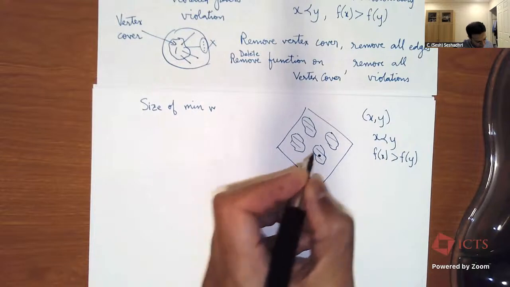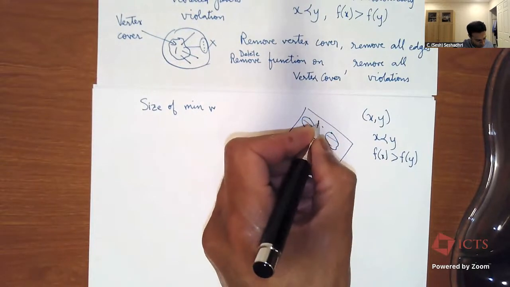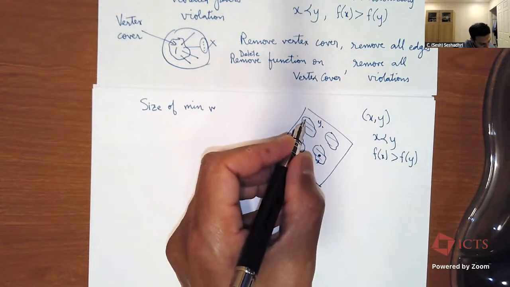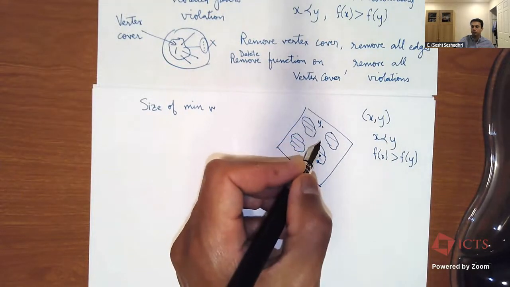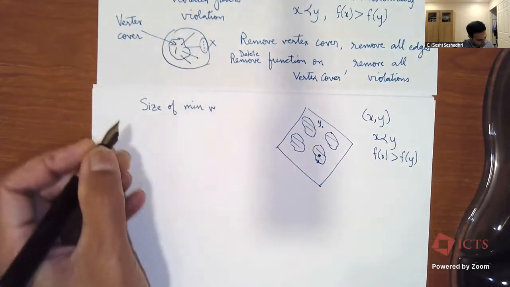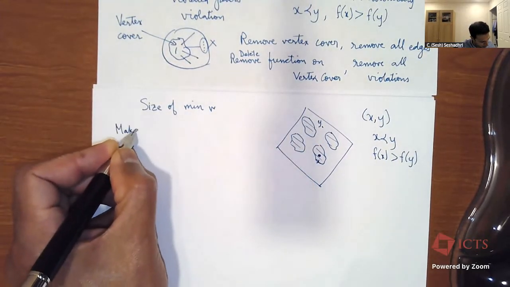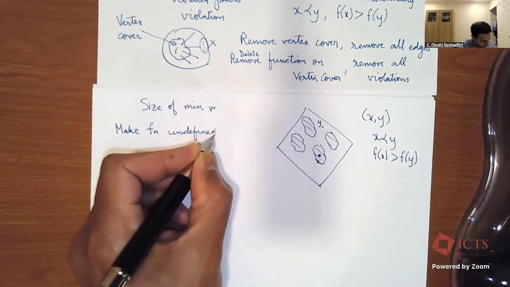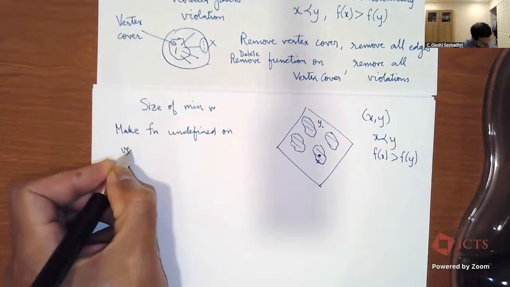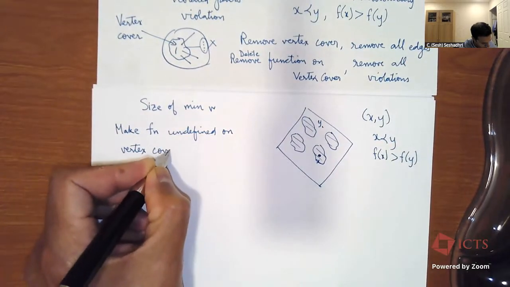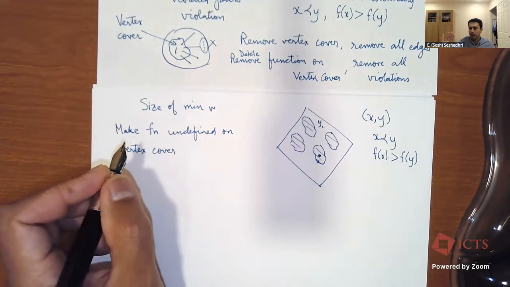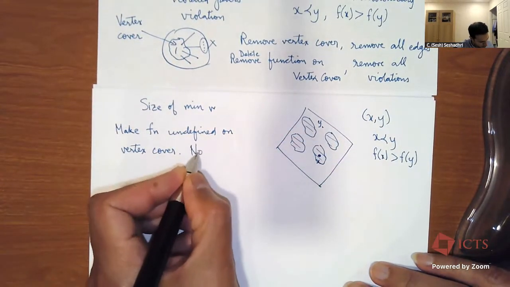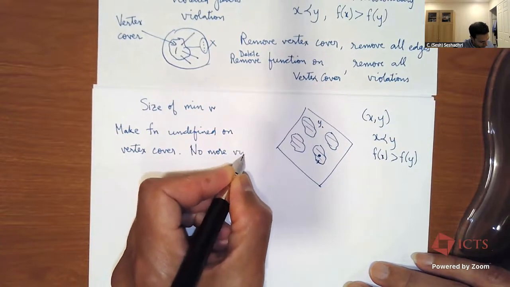So maybe x lies in this set and y is somewhere outside, or maybe y could be inside the set. What this means is if I make the function undefined on the vertex cover, I just delete the values. So now you have this partial function. There are no more violations to monotonicity.